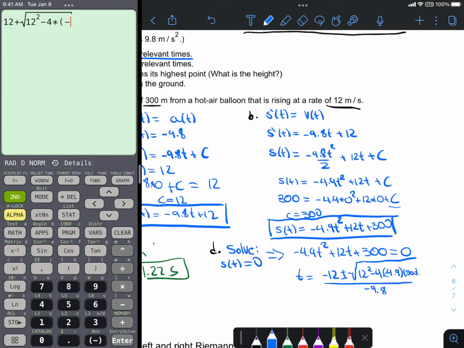So this is the minus at the bottom near the enter. 4.9 times 300, and then all that I divide by negative 9.8.